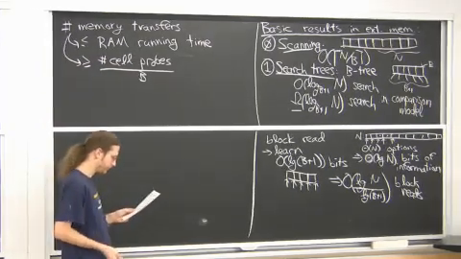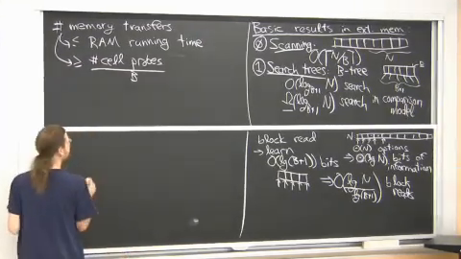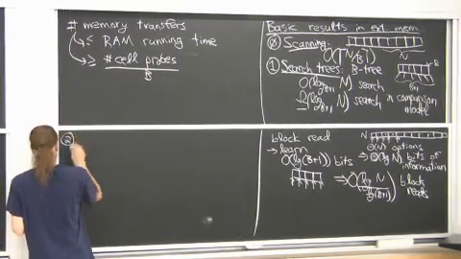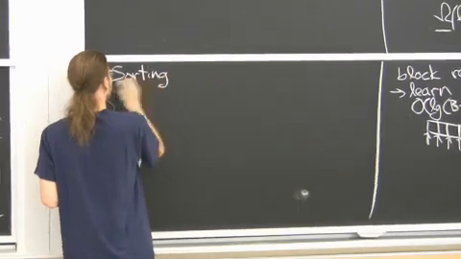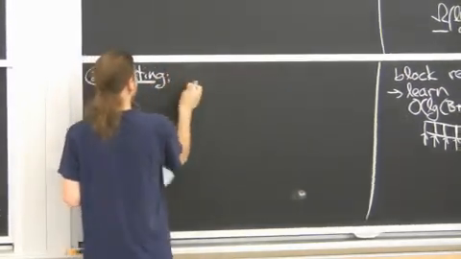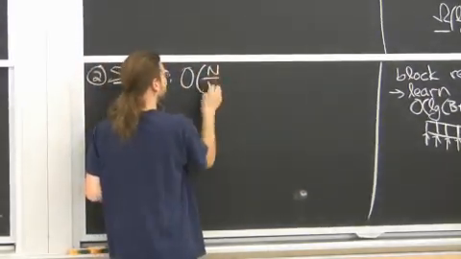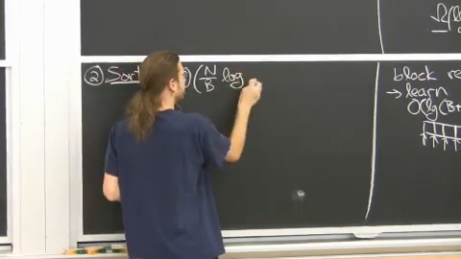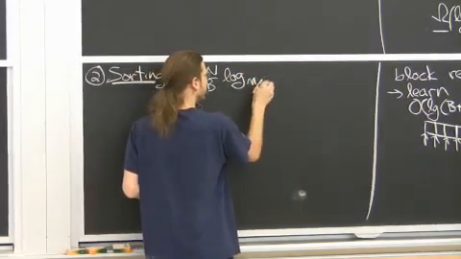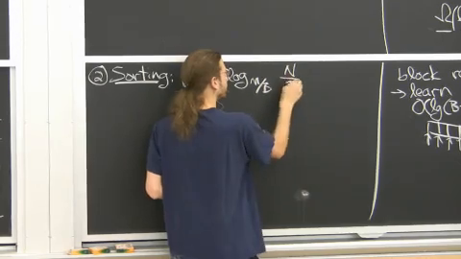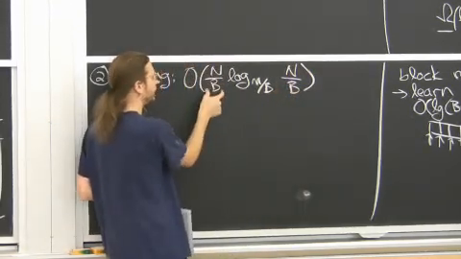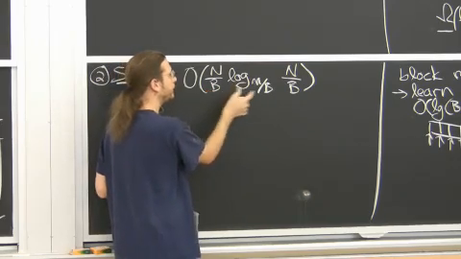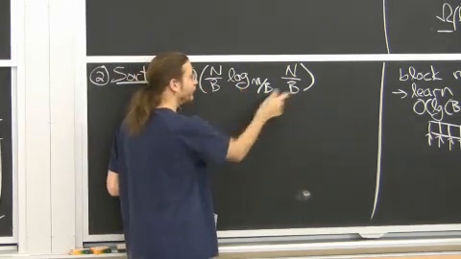So, for example, if you want to sort, the right answer for sorting is this crazy bound: n over b, which is really good, that's linear time in this model, times log base m over b of n over b.